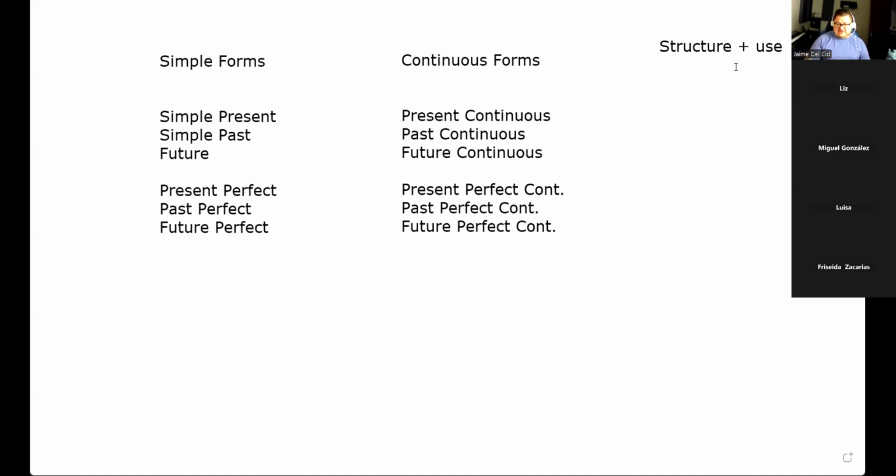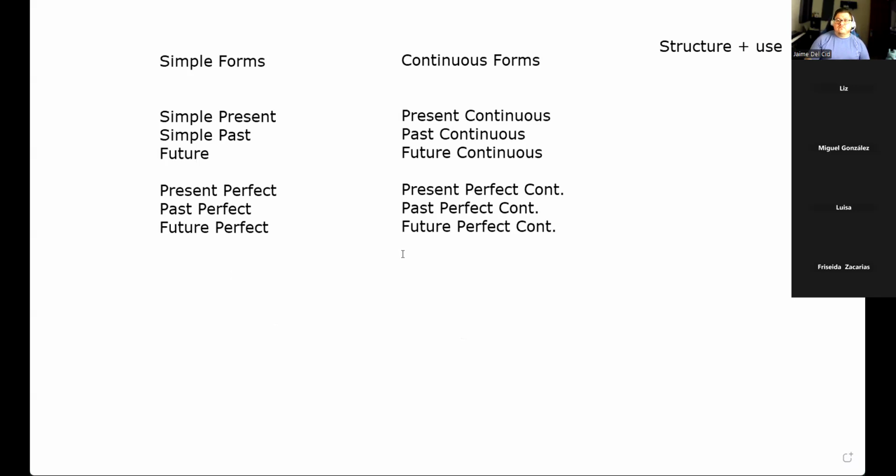So the structure and the use. We need to remember what is the structure of the simple present and what is the use. So the purpose of this lesson is not to teach you again simple present. Okay, this is something that we probably won't have time to do, but it's good to refresh. Okay, so what I'm going to do is write some sentences.